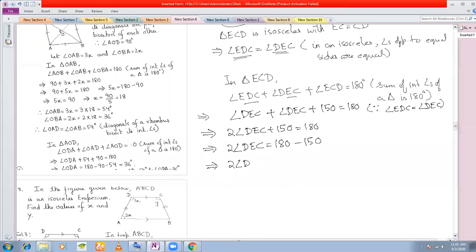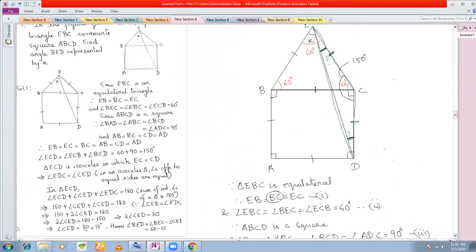Twice angle DEC is 30 degrees. That means angle DEC is 30 by 2, which is 15 degrees. So you have found out the value of this angle.